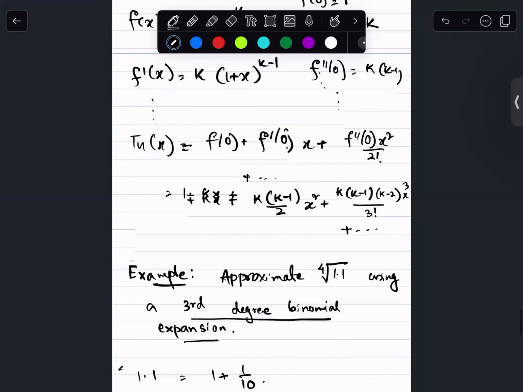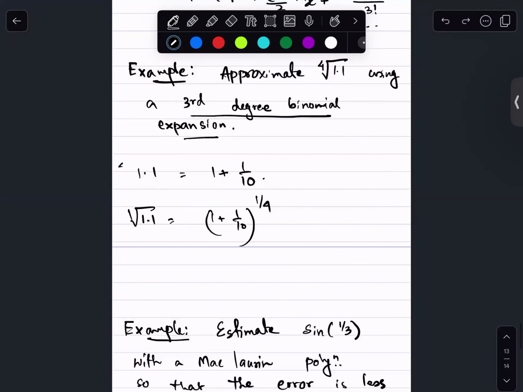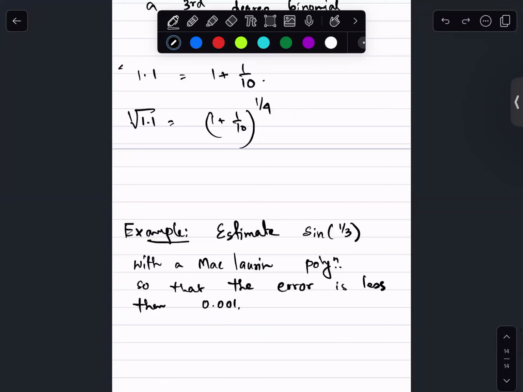Basically, this is called the binomial expansion for 1 plus x to the k. You can see this is of the form 1 plus x to the k, where k is 1/4.